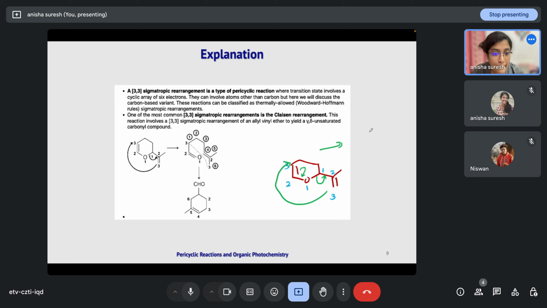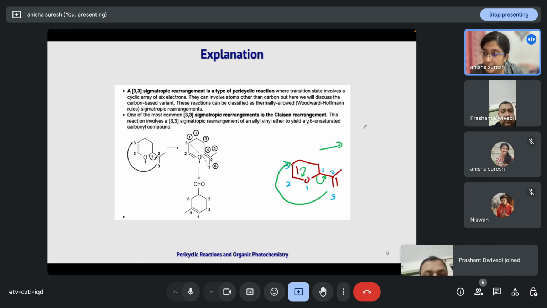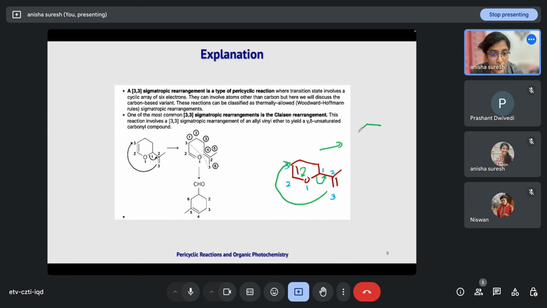And if we draw it, it will be like this, and here the connection will be there. So it is a 1, 2, 3, 4, 5, sorry, 6 membered ring that is newly forming.